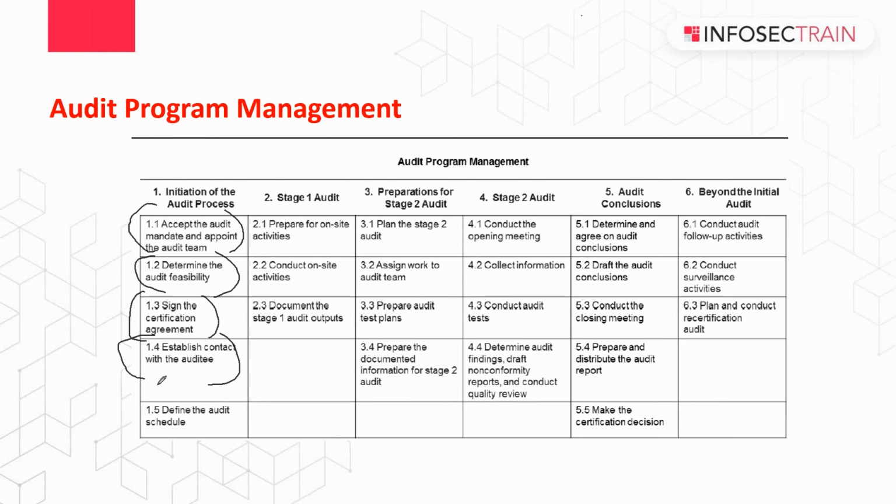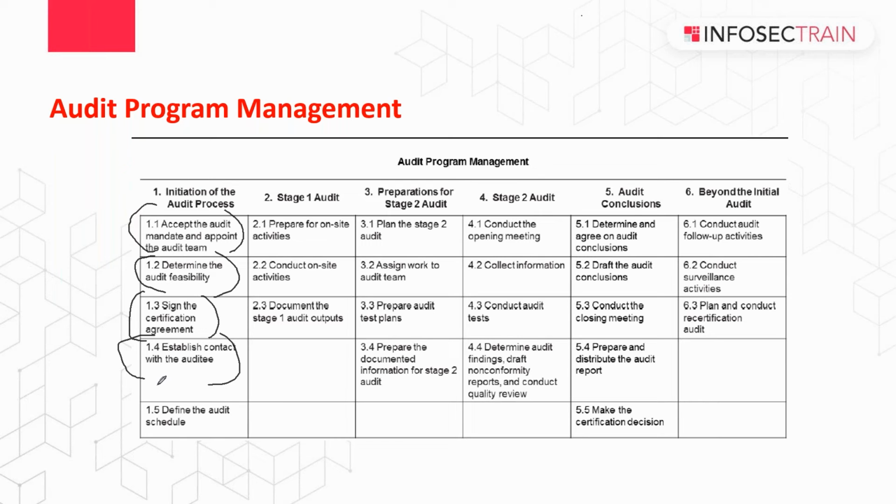Why do we establish a contract with an auditee? The team leader is going to ensure that the audit we are performing is communicated to the auditee as well. After that, meetings will be scheduled with the auditee.